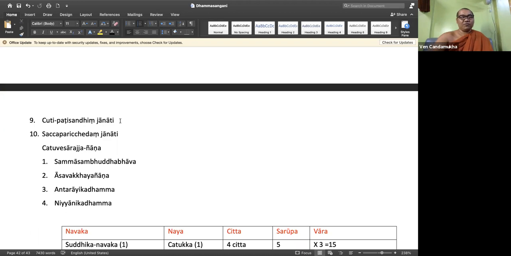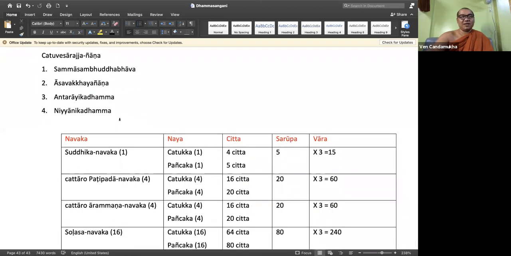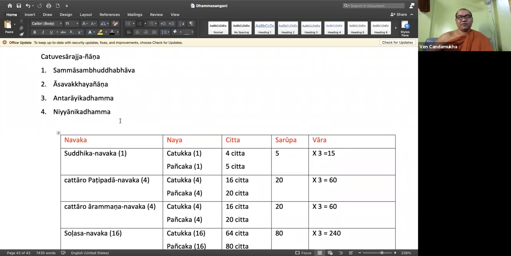And then Chadu Vesaraja Jnana is there. So Samma Sambuddha Bhava, Buddhahood. Regarding the Buddhahood, the Buddha proclaimed that I attain the Buddhahood. So no one can defeat him on this proclamation.